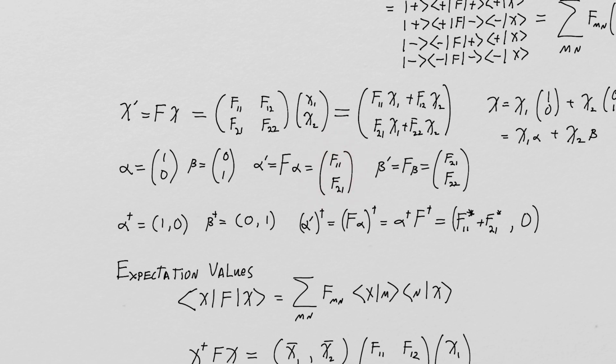And there I have to write out the whole spinor. And likewise for beta, it's F12, F22. The point being that if you understand how these operators act on the basis spinors, then you understand how the operator is going to act on every spinor. And this is just a statement of the operators acting on the basis spinors.